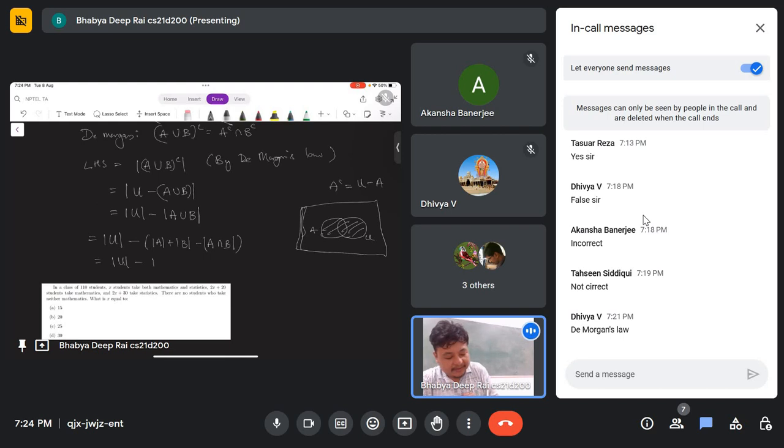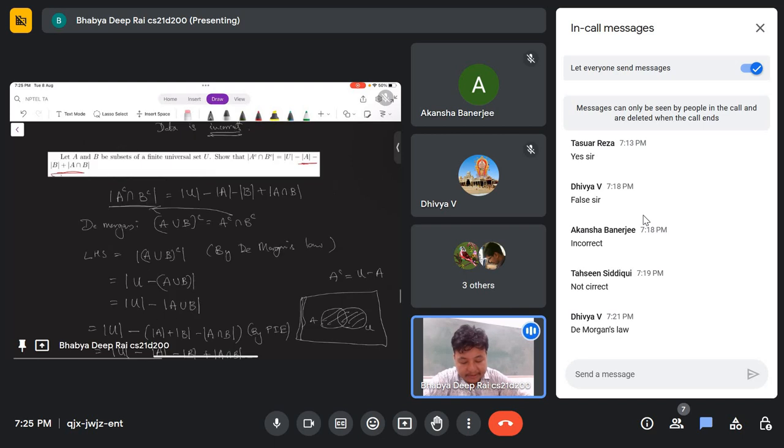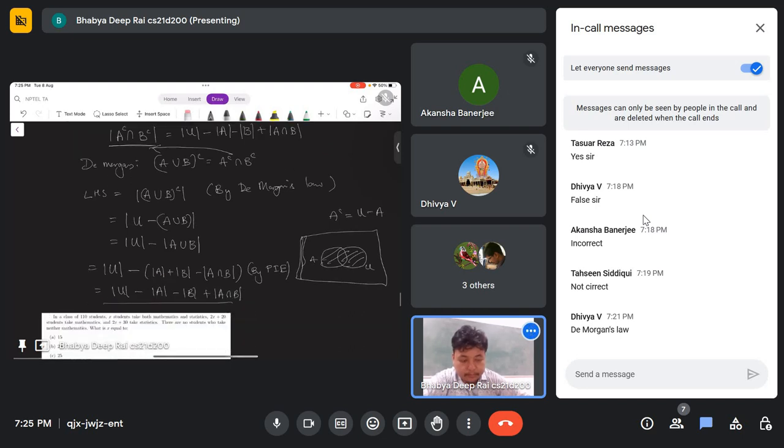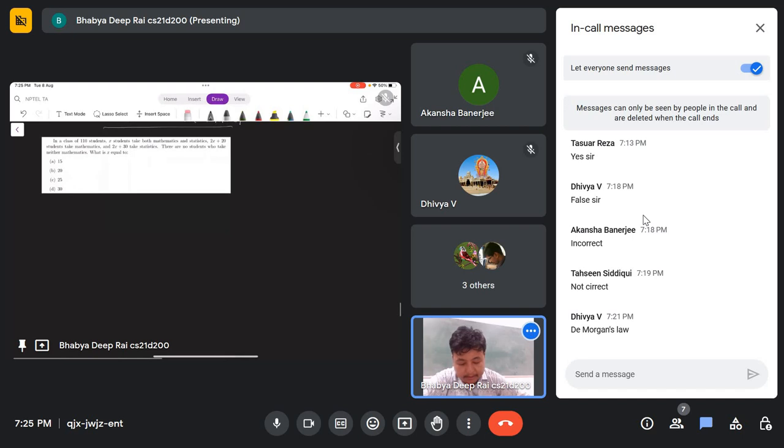Size of universe minus size of A minus size of B plus size of A intersection B, which is the answer, by the principle of inclusion exclusion. Okay, this is what the question asked, right? Good. I hope all is fine.